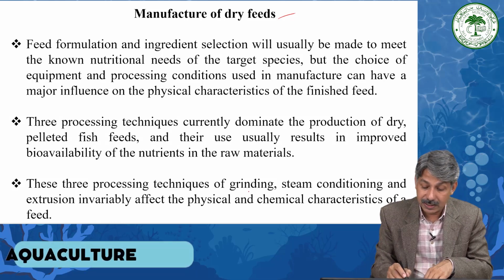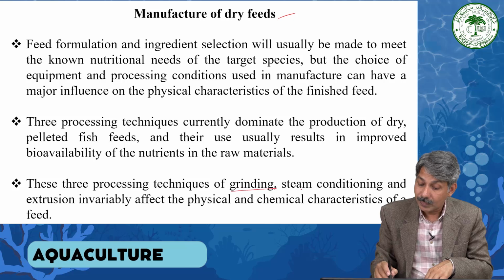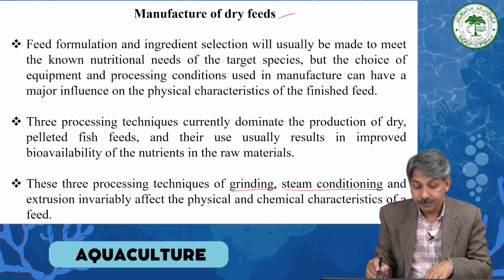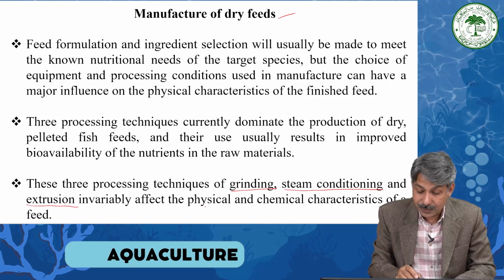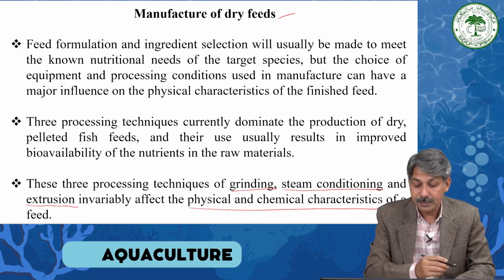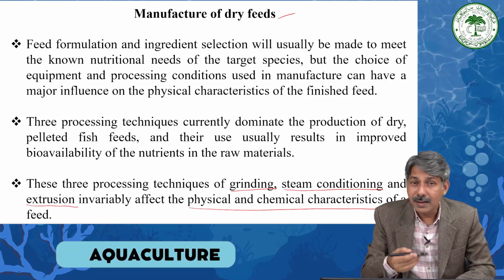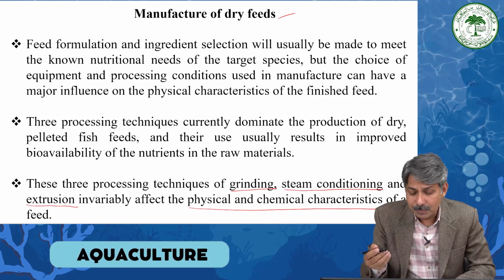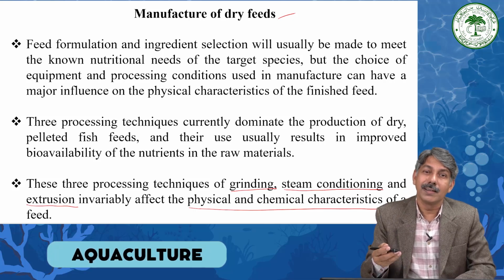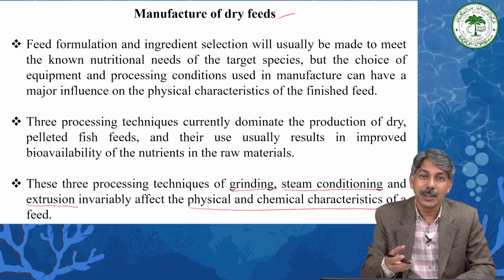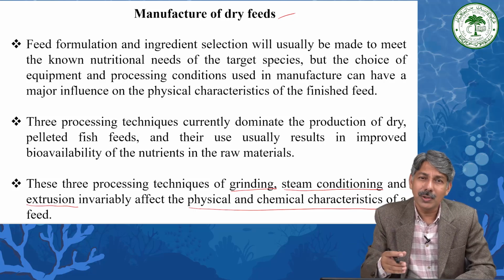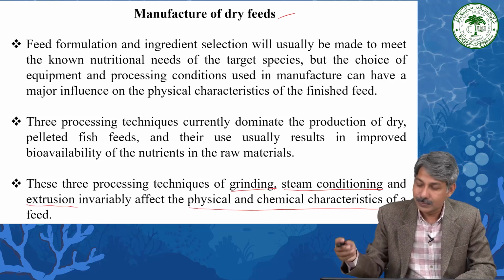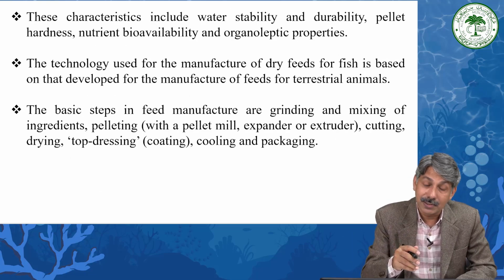These three processing techniques of grinding, steam conditioning, and extrusion invariably affect the physical and chemical characteristics of feed. Grinding, so you may grind it to powder form, or keep it a little coarse, or use steam conditioning or extrusion. Depending on the steps involved in these, your food may have very different characteristics.